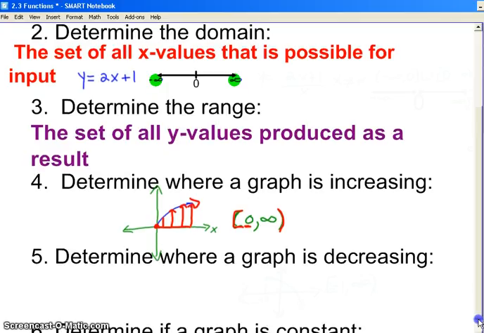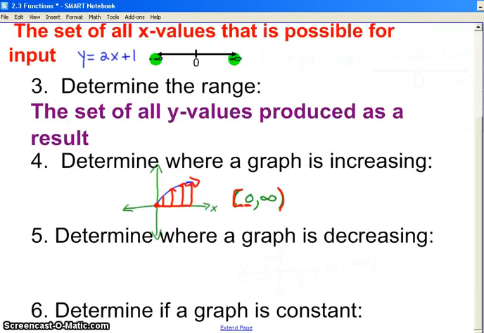Determine where the graph is decreasing. The same process, although on this graph it starts at -1. So I'm going to put a bracket because it does include that. As I move to the right along the x-axis, every value in the y is getting smaller and smaller.